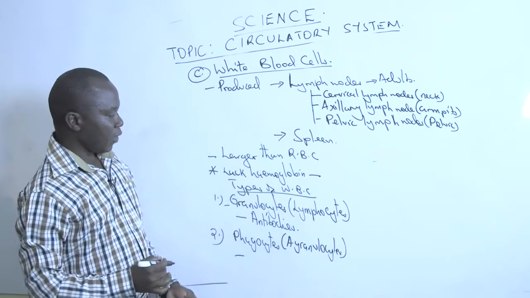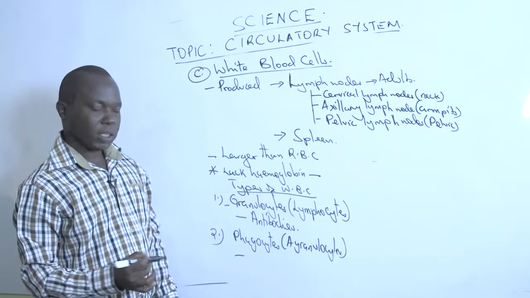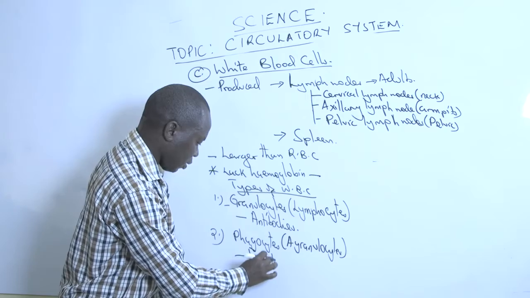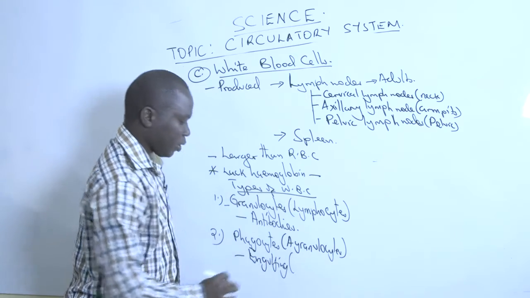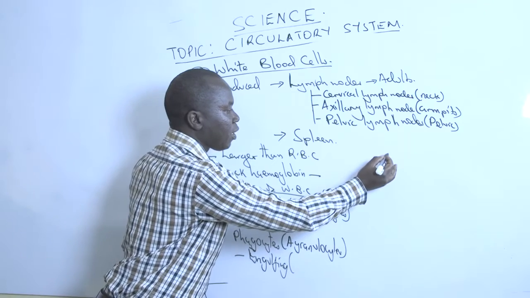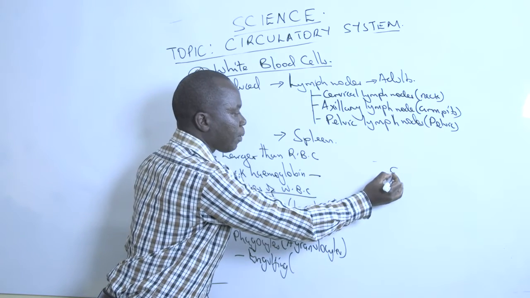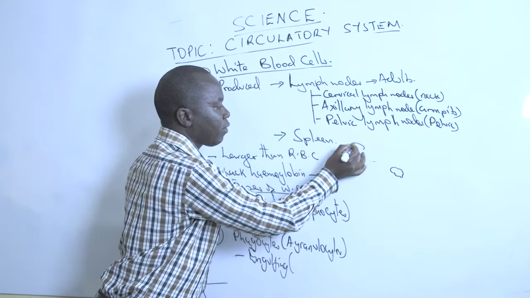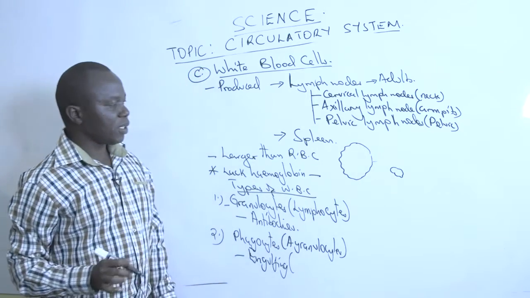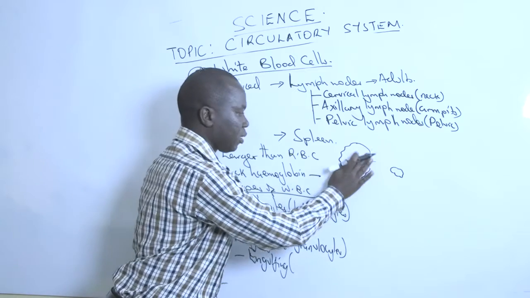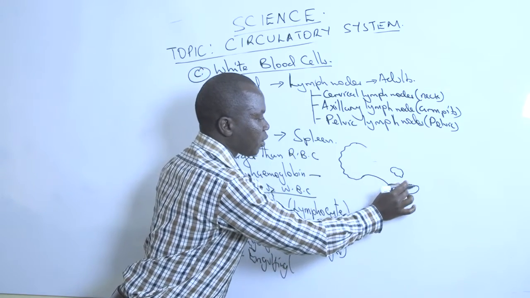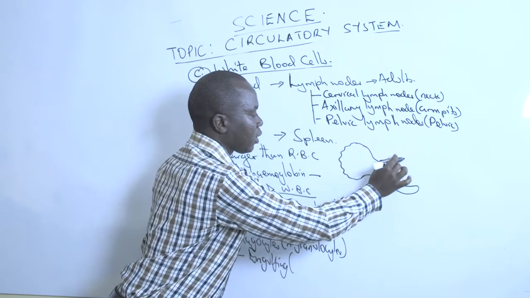Phagocytes defend the body against diseases or pathogens by engulfing the pathogens. Engulfing means, for example, if this is the pathogen and this is the white blood cell, it will perform a movement called amoeboid movement. That amoeboid movement usually involves extending the cell membrane.